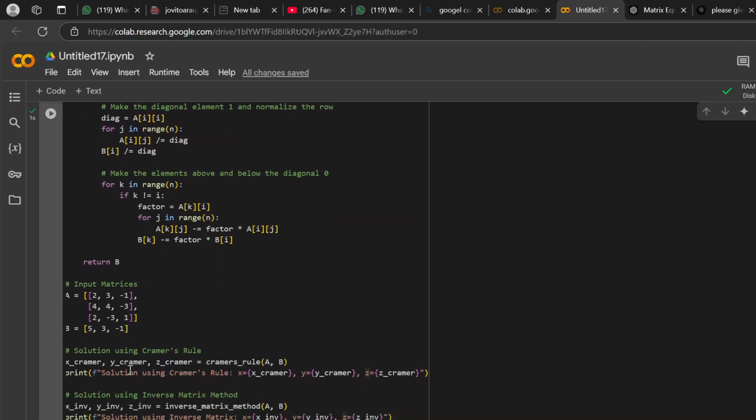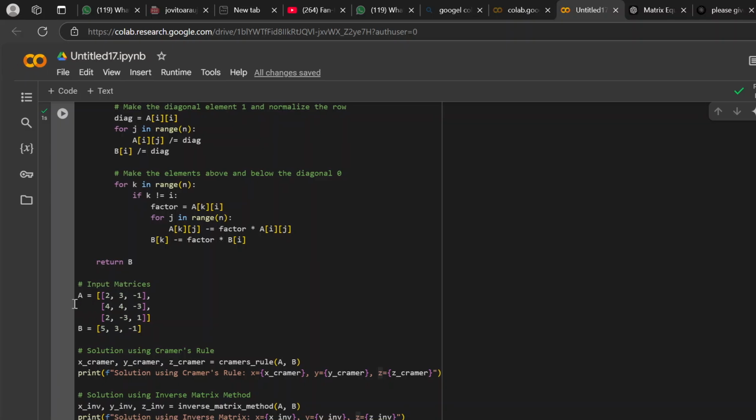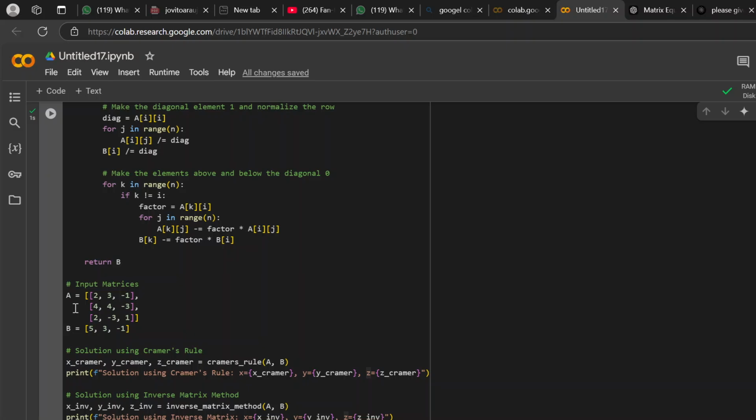So we must input this into the code. The first row of A is 2, 3 and minus 1. The second is 2, 4, 4 and minus 3. The third is 2, minus 3 and 1. The B is 5, 3 and minus 1.